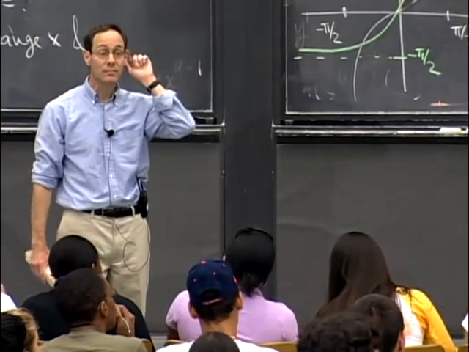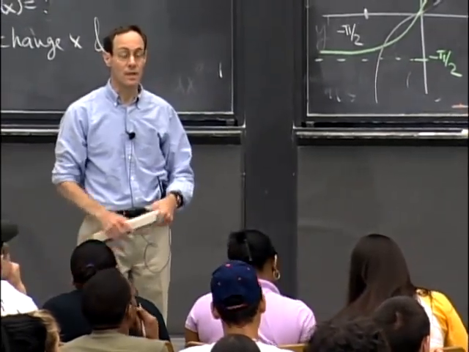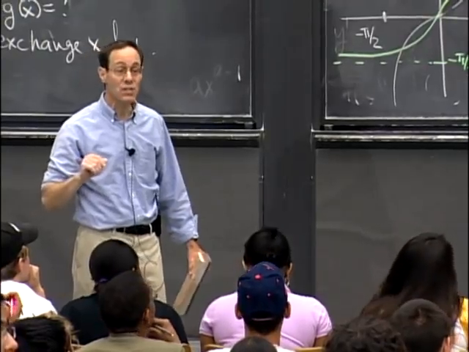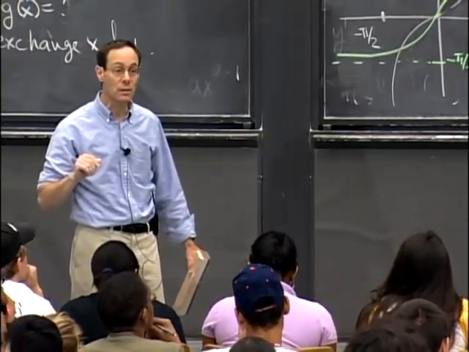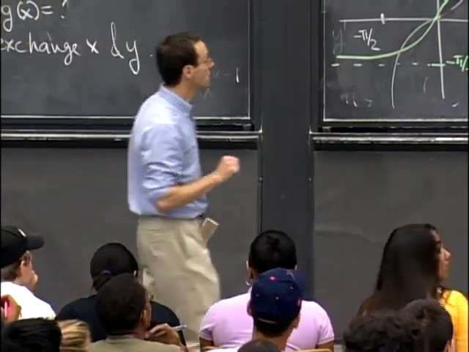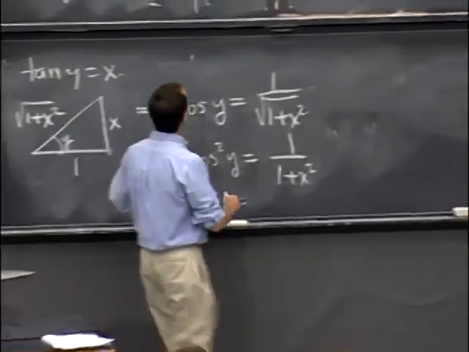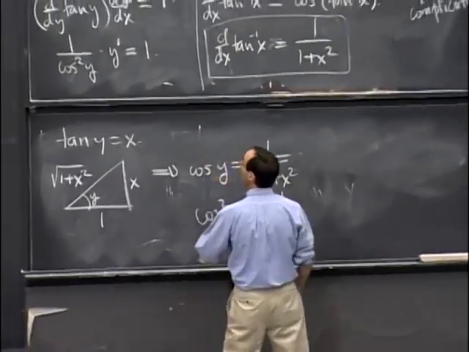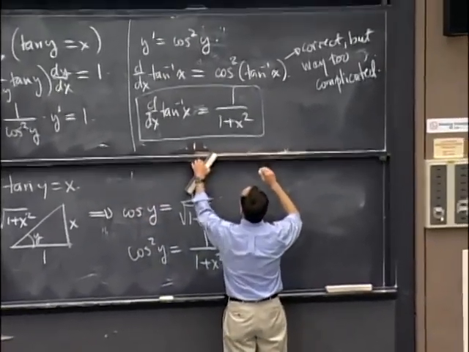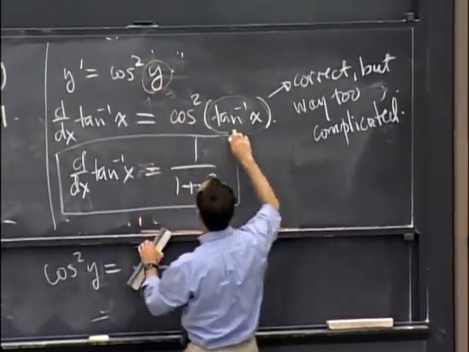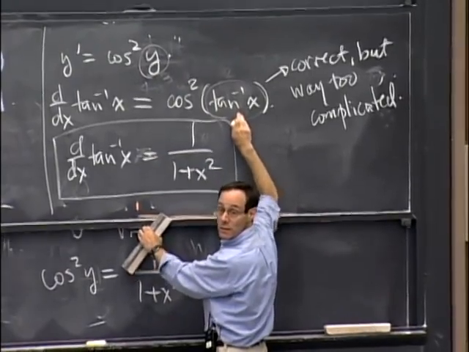What happens to the inverse? Say that again. The inverse tangent. What happens to the inverse tangent? This inverse tangent is the same as this y here. Those are the same thing.